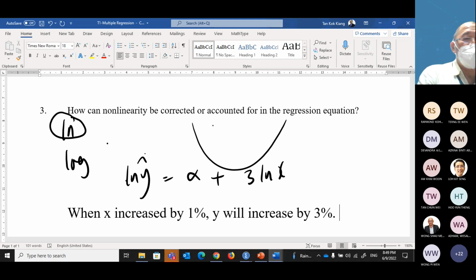So you can try this, take log for both sides. Therefore, this is the interpretation of the beta coefficient. Previously we used units, either kilogram, ringgit, or whatever.